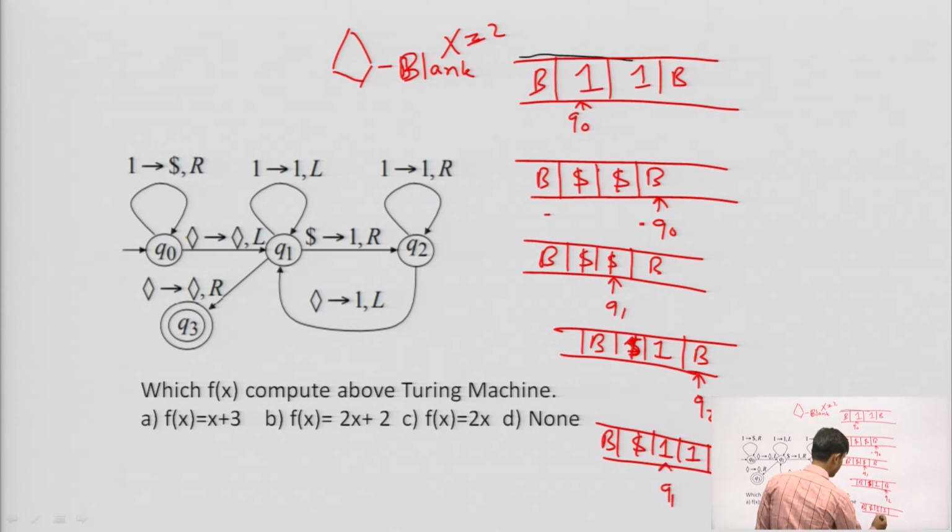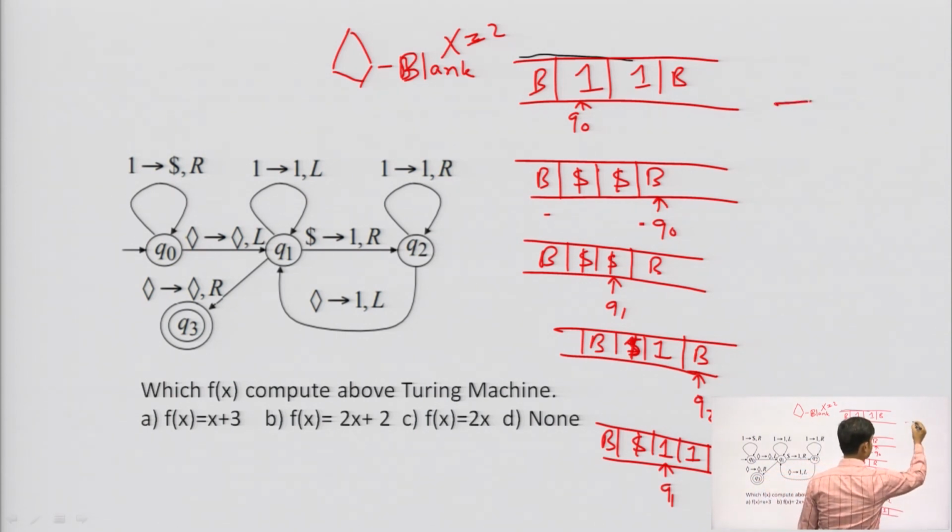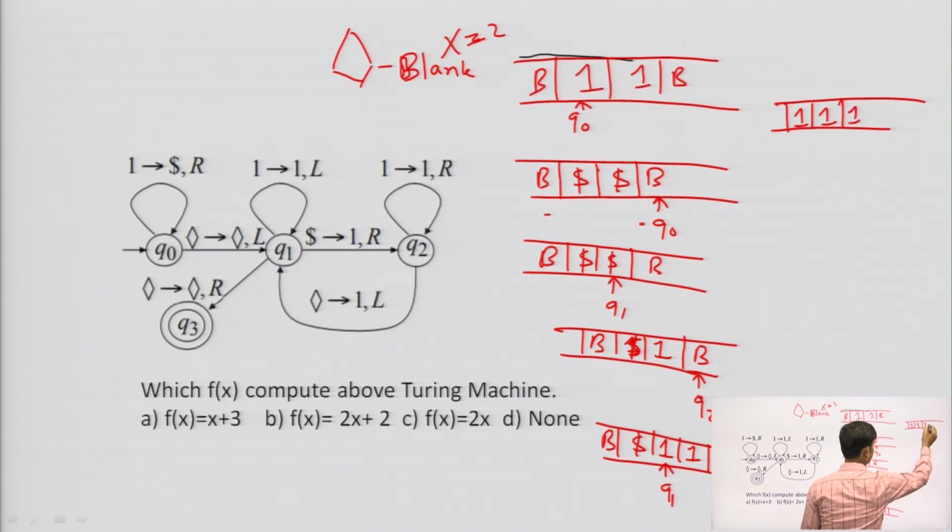Then at Q1 this is 1, Q1 1 you have to move left, left, left, and like that your dollar is coming here. When you move left, this dollar will be replaced with 1. So, this is 1, 1 and 1. This dollar will again be replaced by 1, then move to right.